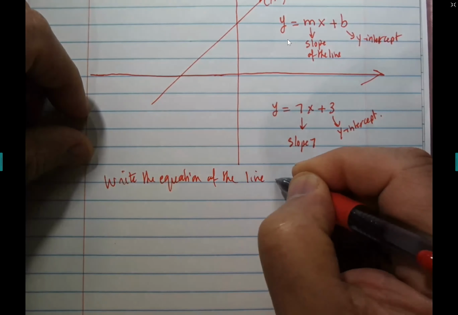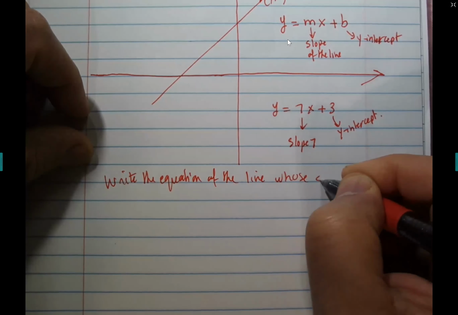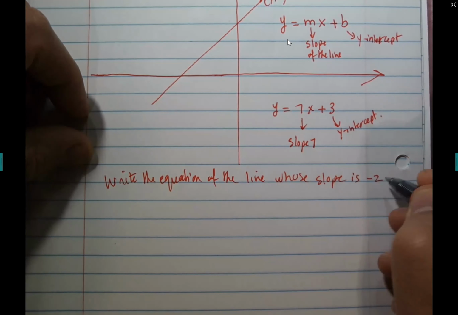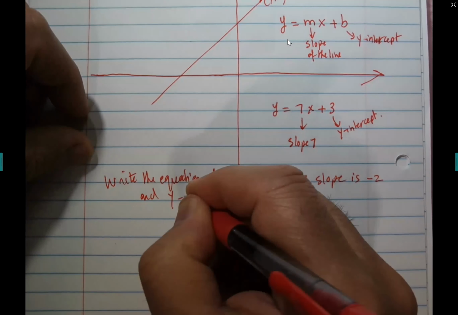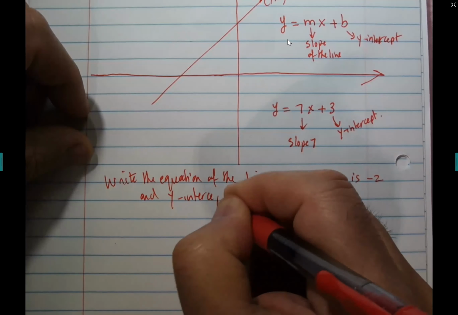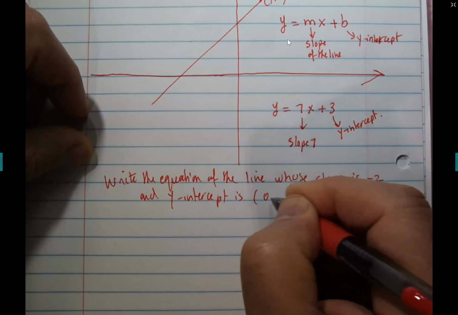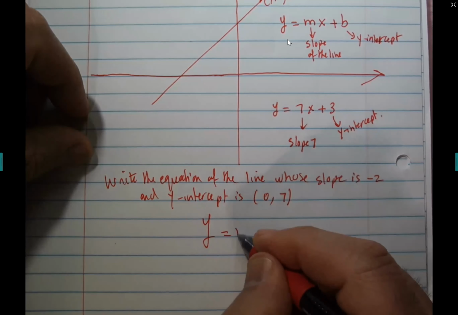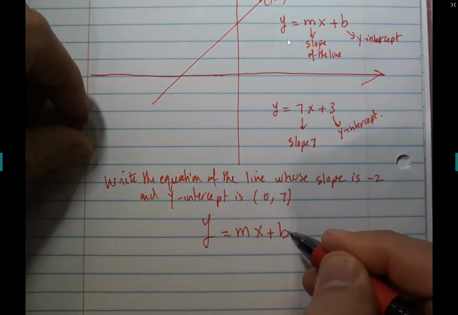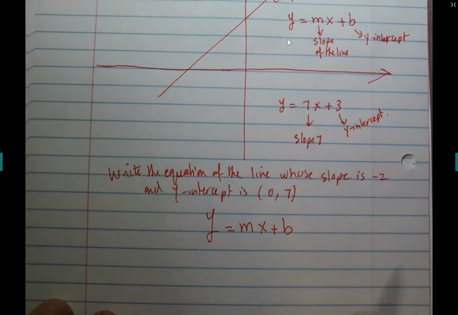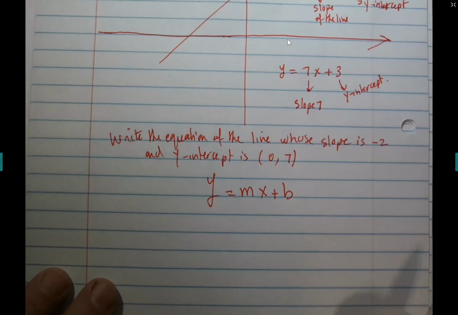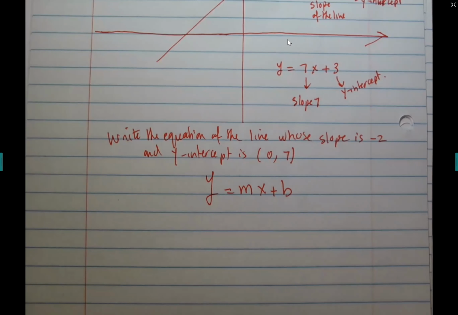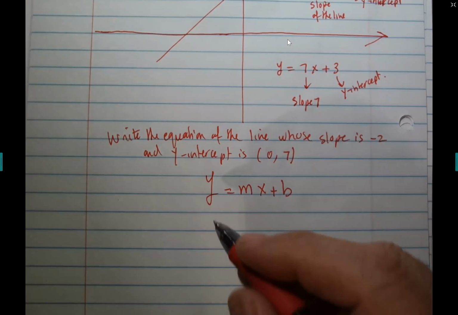Now, if he asks you, write the equation of the line whose slope is, I want a student to help me with this, whose slope is -2 and y-intercept is (0, 7). Who can help me write the equation of the line here? What would be the equation? All you need to do is replace m and b by their values. So I'm ready.